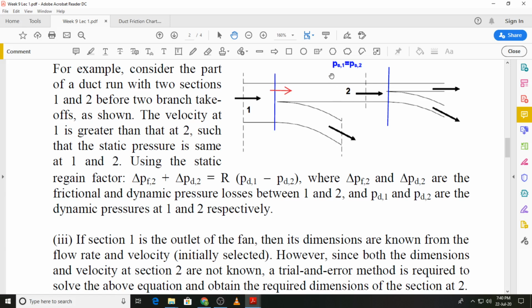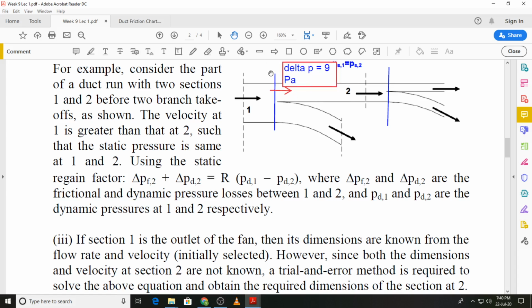So if there is a pressure drop over here, call it delta P, that is equal to 9 pascals. So what will happen as a result of this?